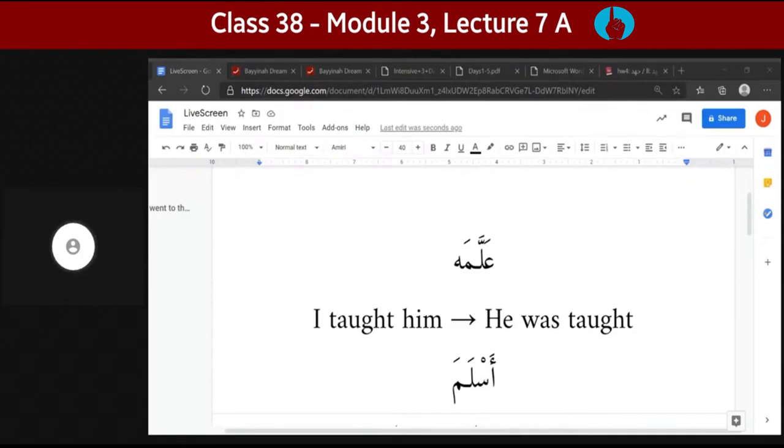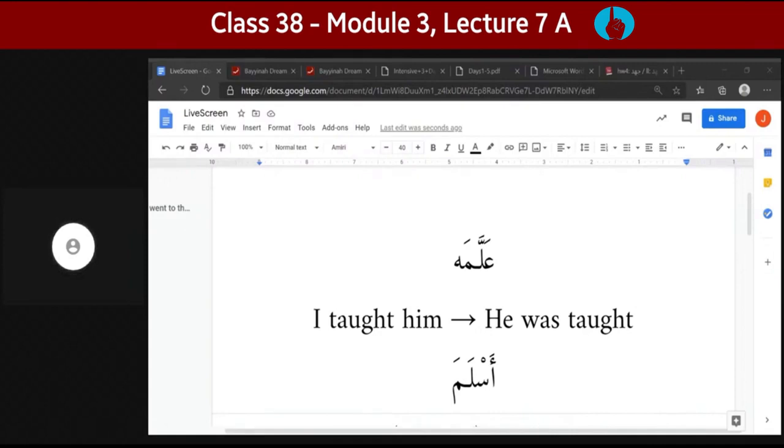No, because you went from the present version to the past version. Both yadribu and daraba are the huwa version. It's just that yadribu is the huwa version in present tense, and daraba is the huwa version in past tense.